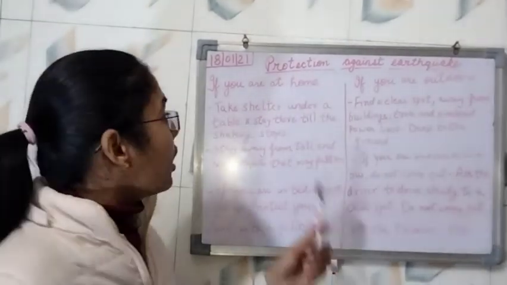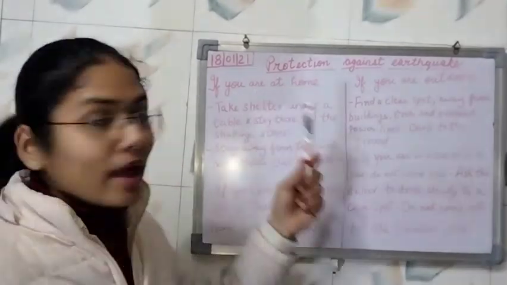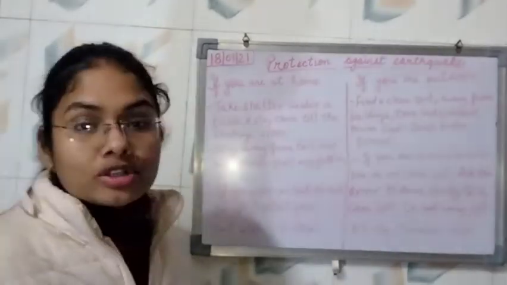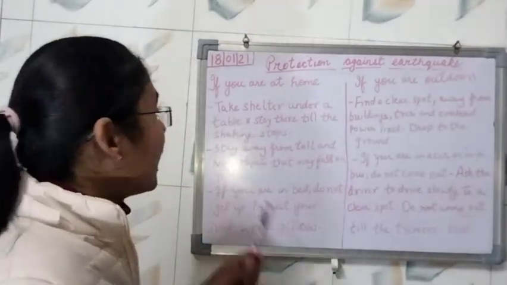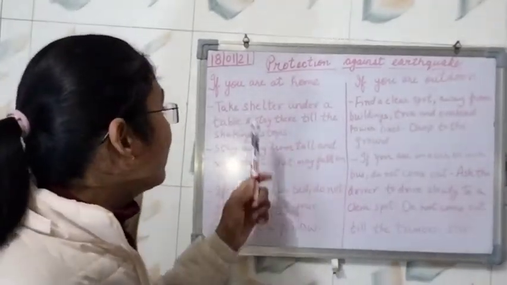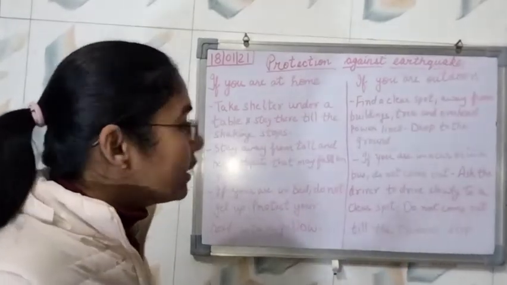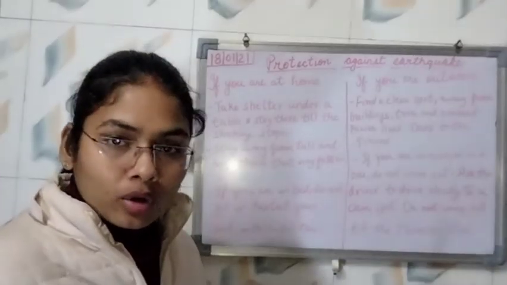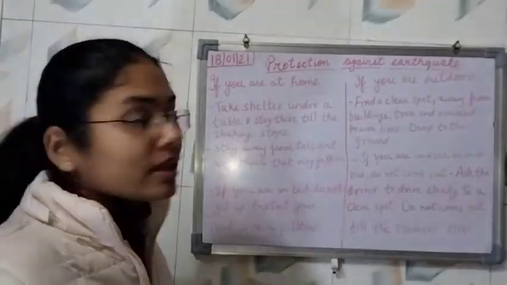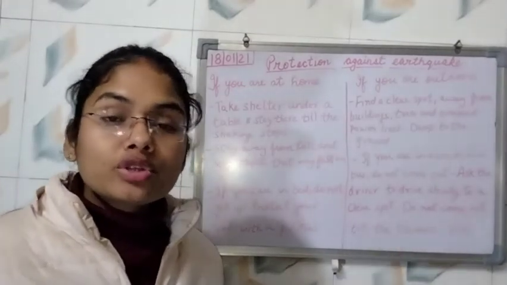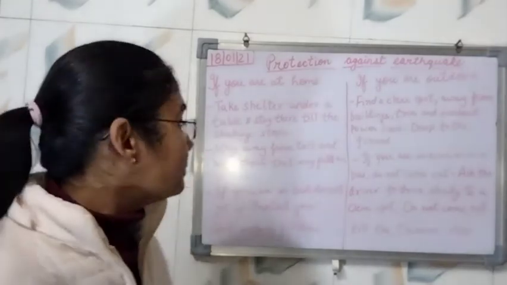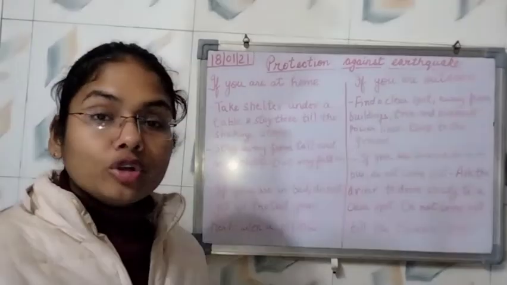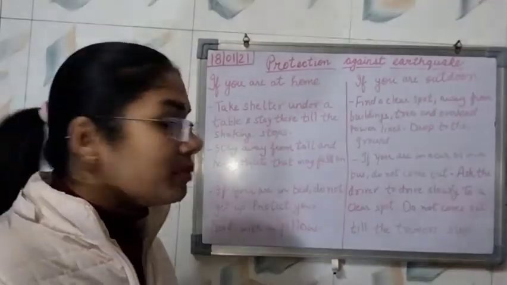if you are taking protection at home, what things do you need to take care of? At the time of earthquake, you can take shelter under a table and stay there till the shaking stops. Stay away from tall and heavy objects that may fall on you.